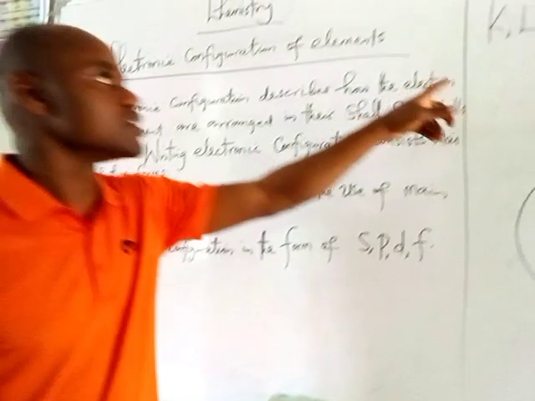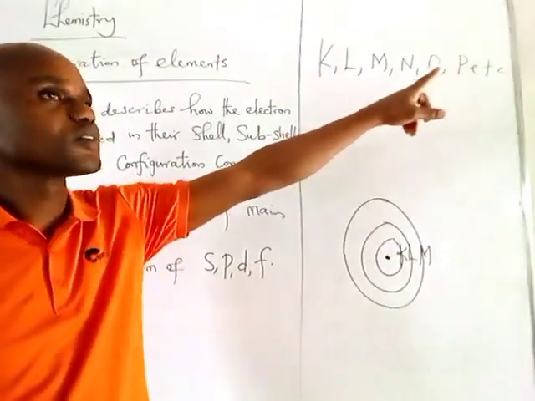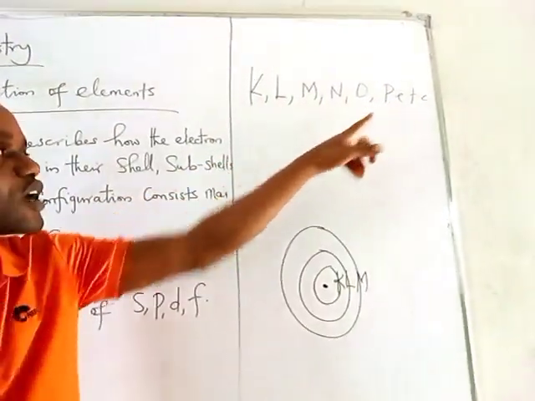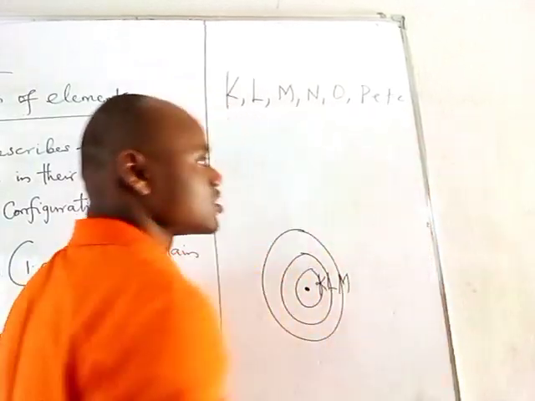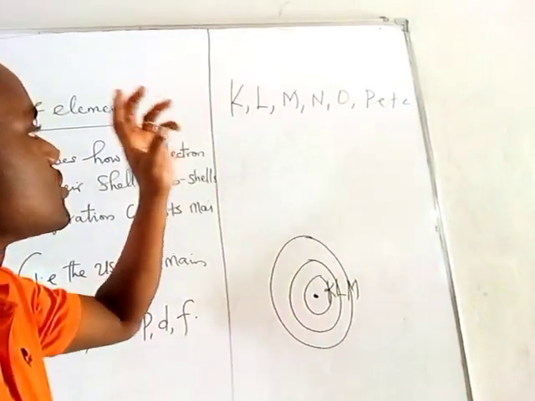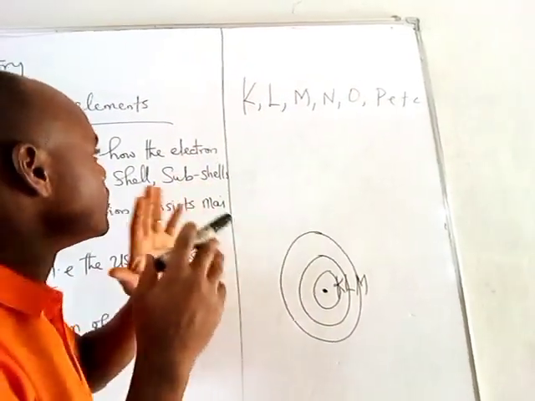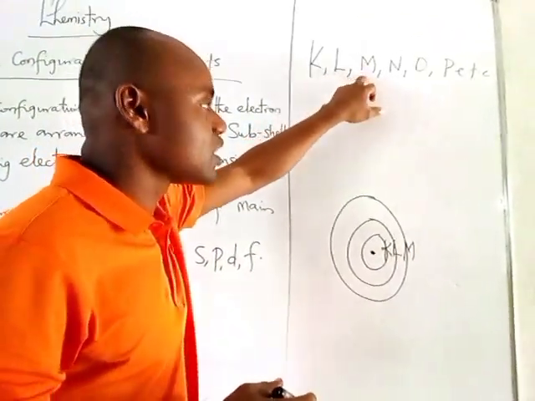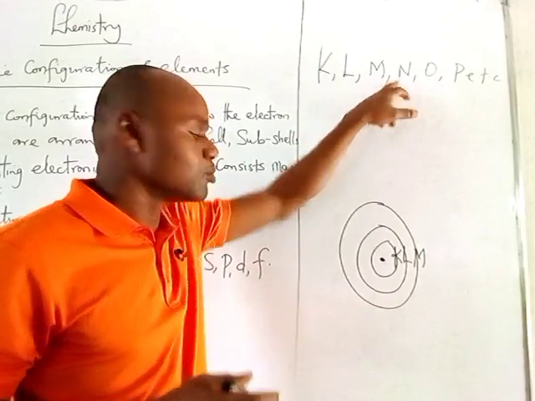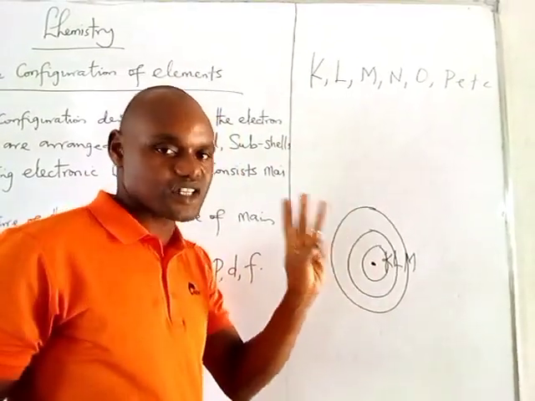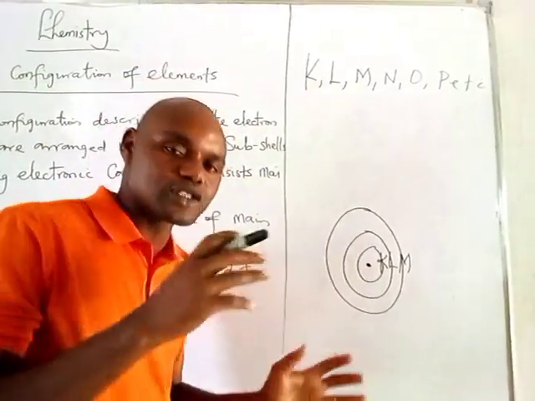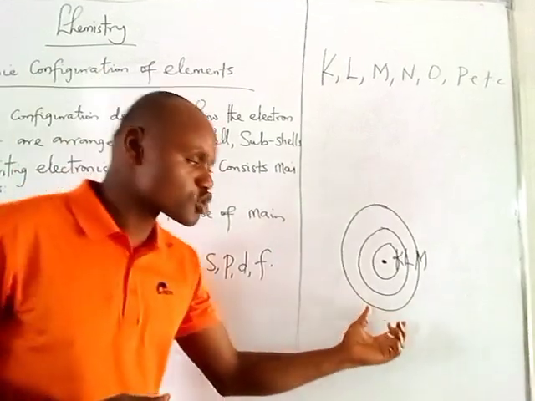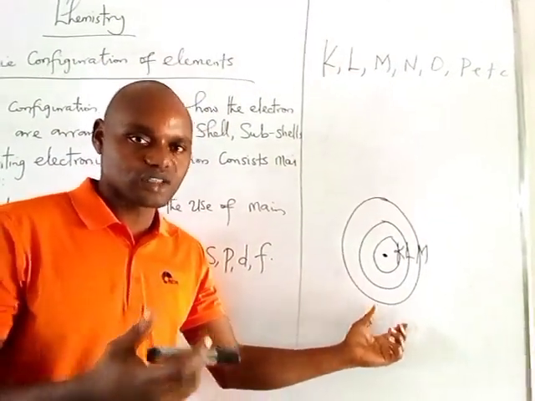We have a lot of shells. This shell is continuous. That's why I put etc. there. So the main shells that we have are K, L, M, and N. But from this structure, we have just three shells. So like I said, it all depends on the structure of the atom you are given.